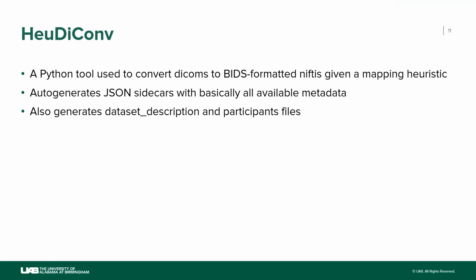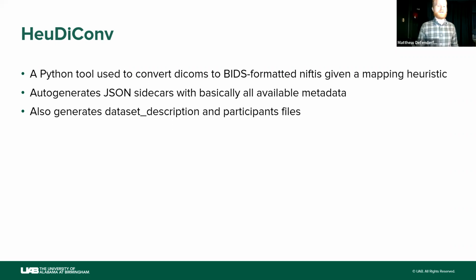But it does at least add entries for you to go and edit later. It also does not overwrite the participants files if you convert subjects at a later date. So you don't have to worry about earlier subjects' data being overwritten or having to re-enter them if you start adding subjects later. Everything's just going to be added line by line into these JSON and TSV files.